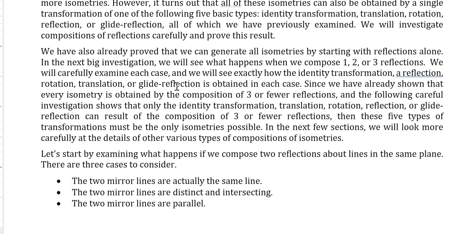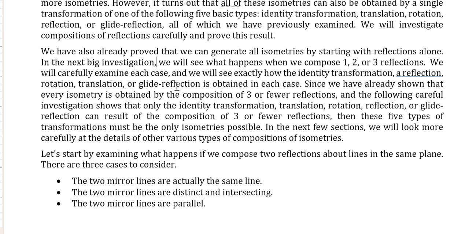Since we have already shown that every isometry is obtained by the composition of three or fewer reflections, and the following careful investigation shows that only the identity transformation, translation, rotation, reflection, or glide reflection can result in the composition of three or fewer reflections, then these five types of transformations must be the only types of isometries possible.